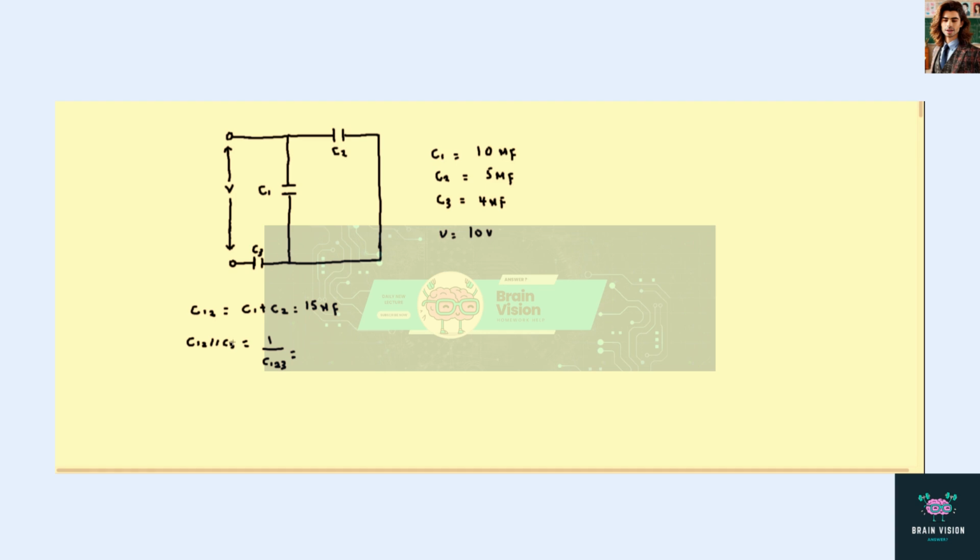We know what C1,2 is, and we know that C3 is equal to 4. So 1 over 15 plus 1 over 4.